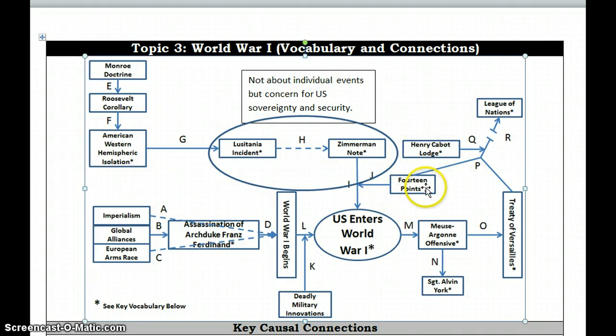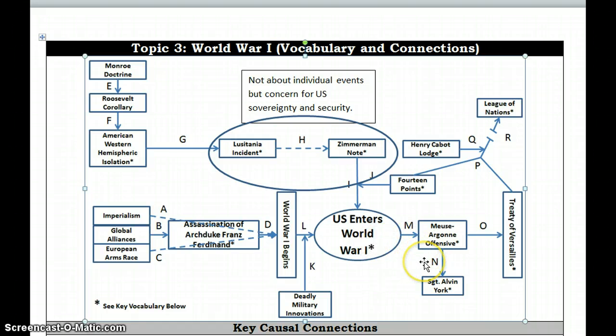Though, mind you, please remember, traditionally, we have an isolationist policy, so there is a sentiment, which means there's a faction or a group within the United States, that does not support some of the aspects of Wilson's 14 points, and we'll go into that a little bit more in a moment.